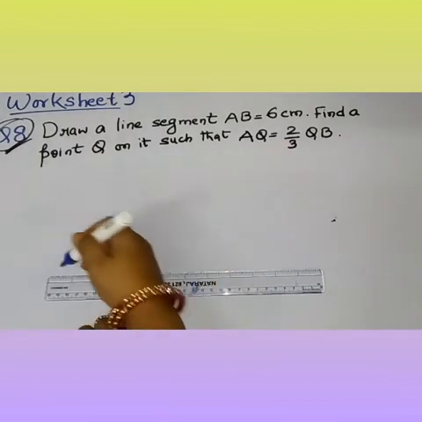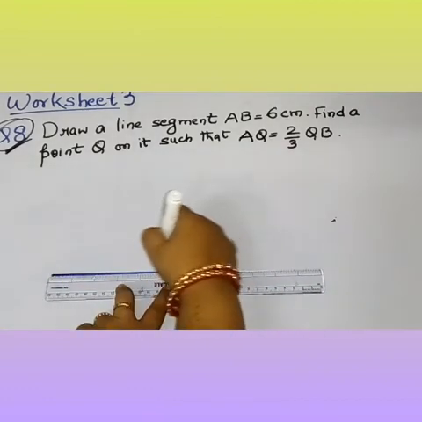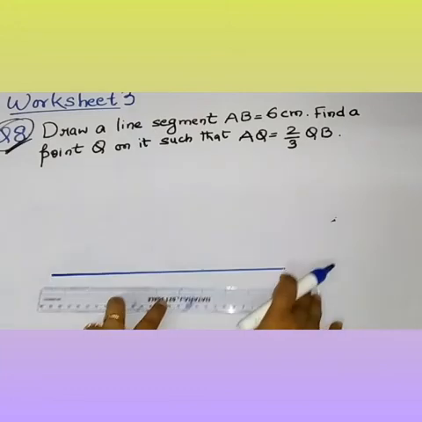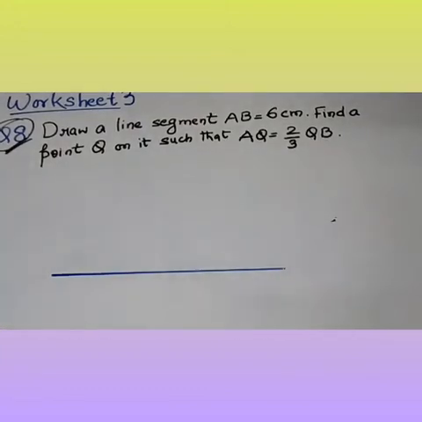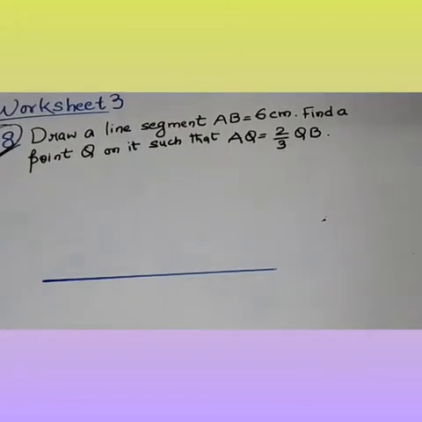My board is too big, so I am considering this line as 6 centimeter, but you have to draw a line segment of exactly 6 centimeter. This is AB.